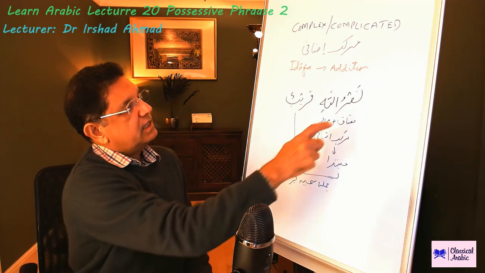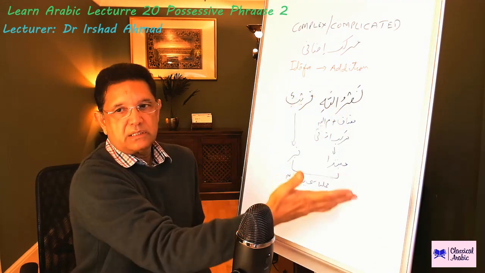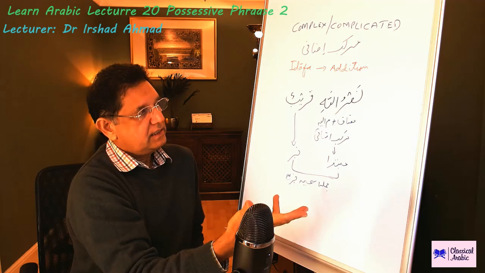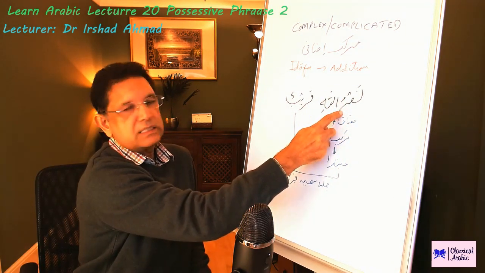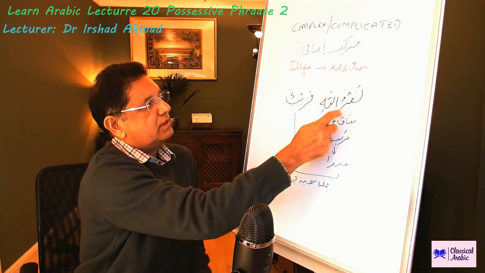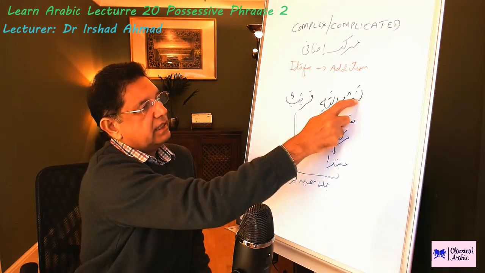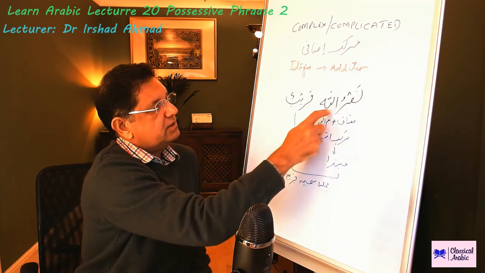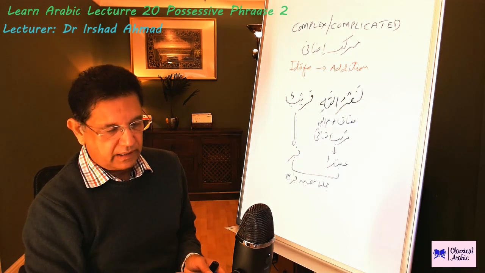So because our Mudaf is Nasru, which is Rafa, and we know Mudaf ilayh is always going to be in Kasra, that doesn't really matter. So it has to be Nasru, not Nasra or Nasri. Nasrullahi Qareeban, and that makes our Mubtada, which is in Rafa here. We have to ignore this. So Nasrullahi Qareeban, Allah's help is close by.